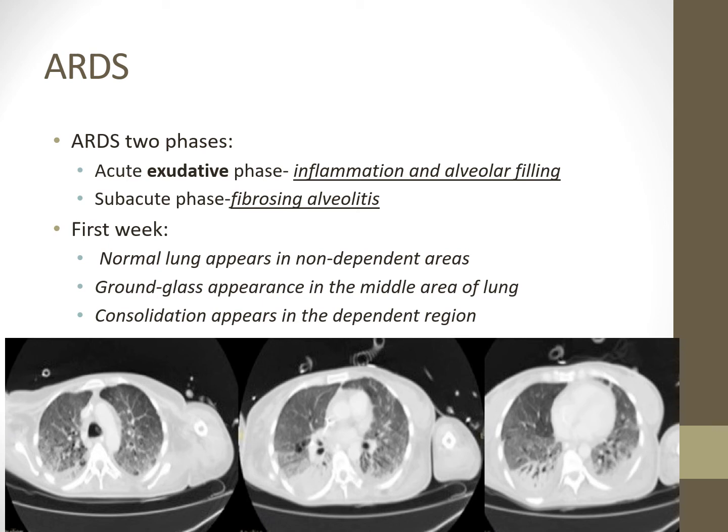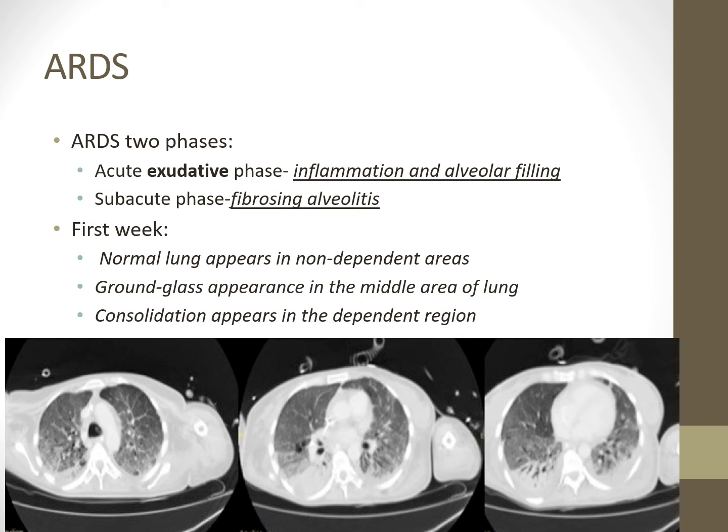And here is what I was mentioning before about the two different phases. You have the acute exudative phase, inflammation and alveolar filling, and then the subacute phase, the fibrosing alveolitis. How it presents itself is that within the first week, normal lung appears in the non-dependent areas, which is what we're looking at here.